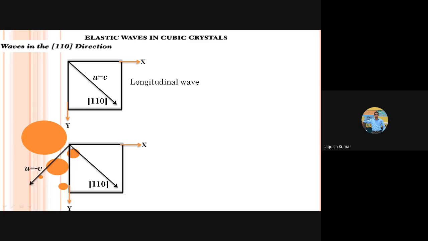Suppose u is positive. In this case u is minus v, so the y direction is downwards. What we mean here is that v is positive when the particle is moving downwards, something like this. So don't get confused.